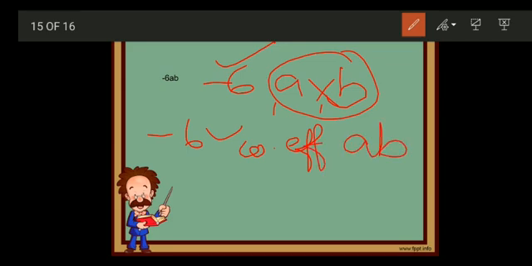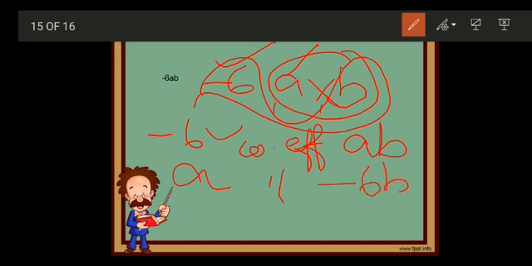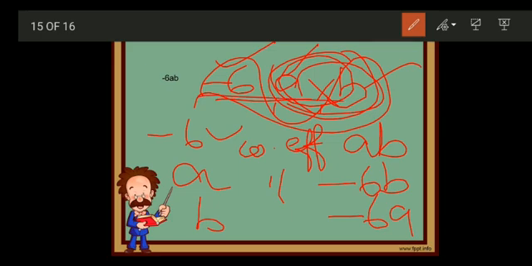Okay. When you take a, the remaining thing is minus 6b. So a is a coefficient of minus 6b. When you take b, b is a coefficient of the remaining things, minus 6a. Okay. When you take ab, then ab is a coefficient of minus 6.